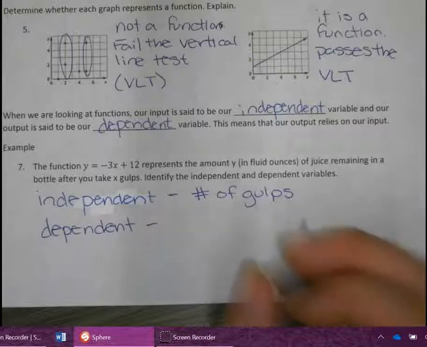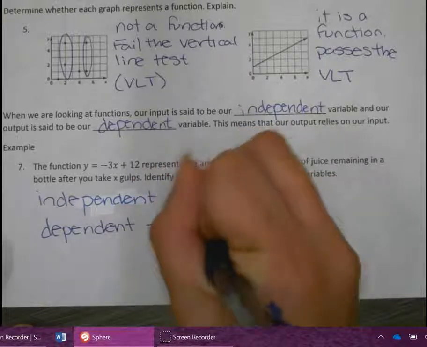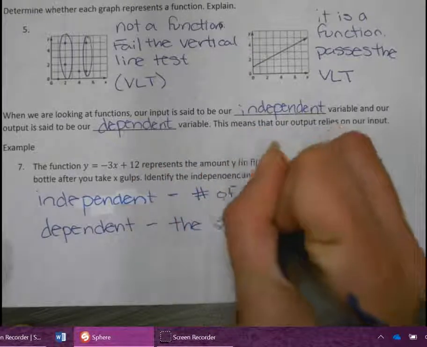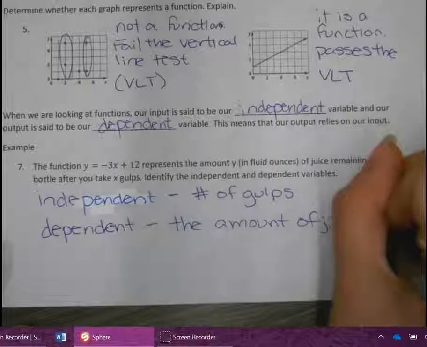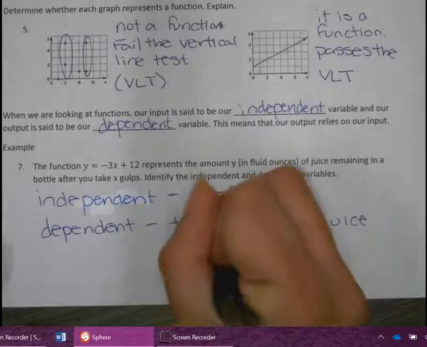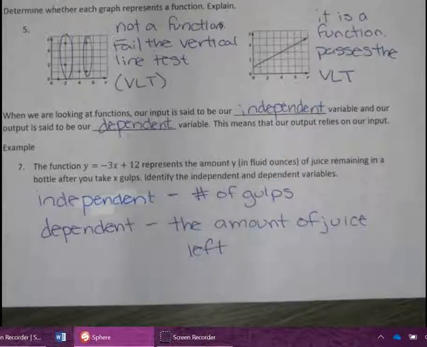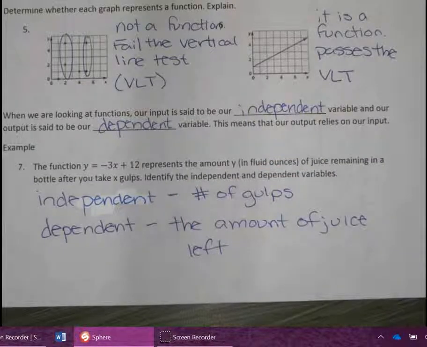What's left? Questions on finding independent and dependent variables? Any questions?